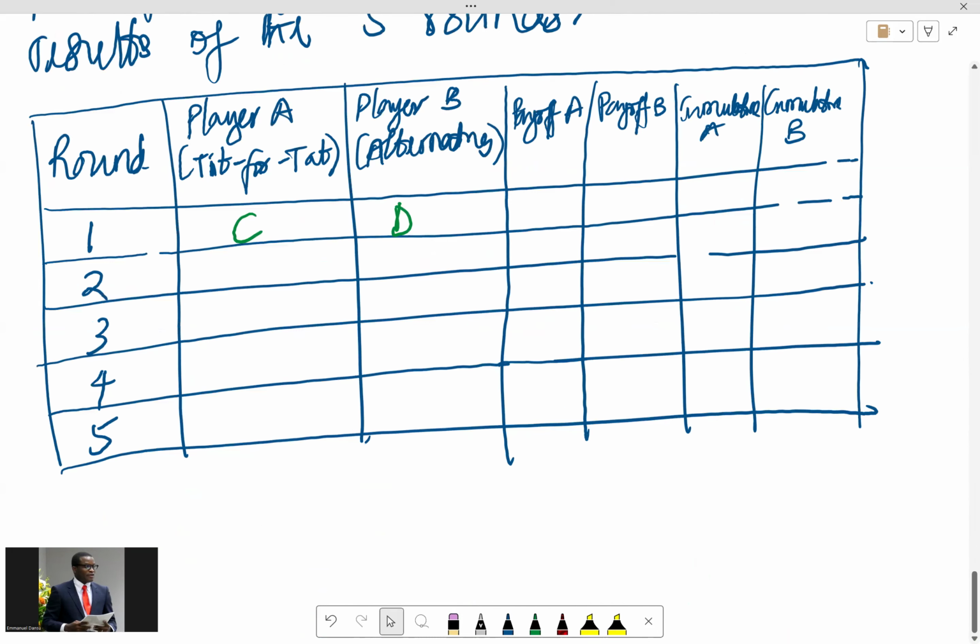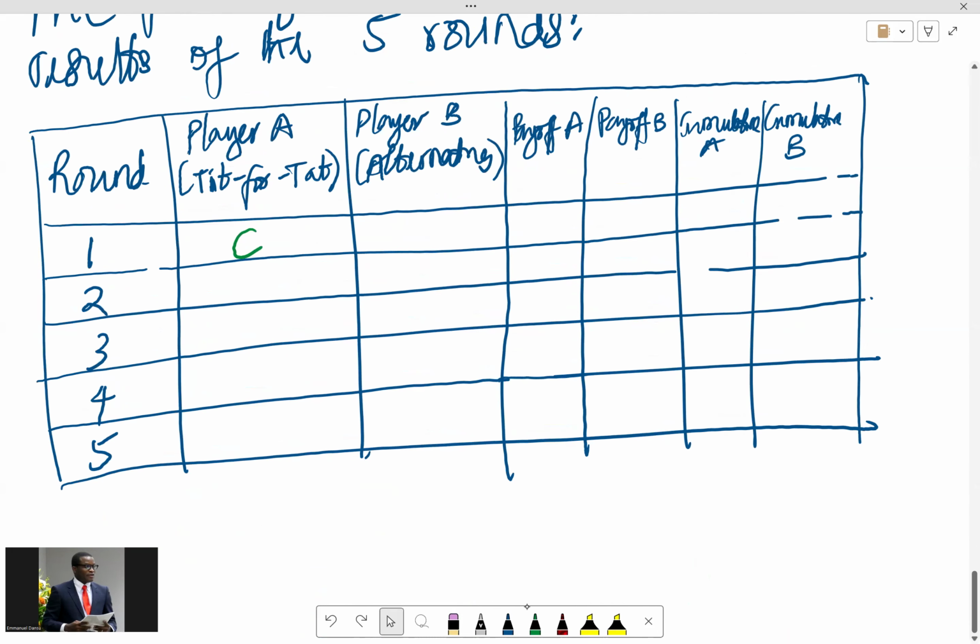So when player A cooperates, the payoff for player A is 0 because player B defects and gets 5 points.